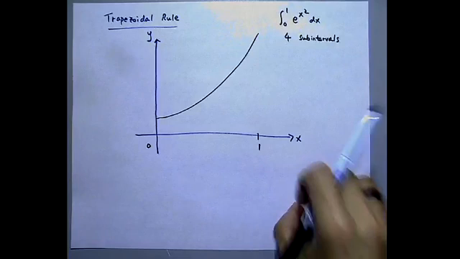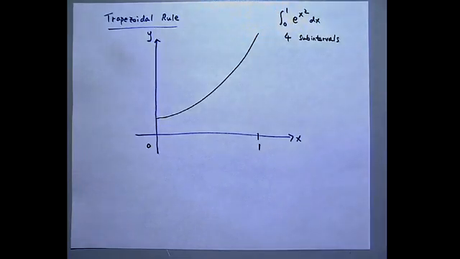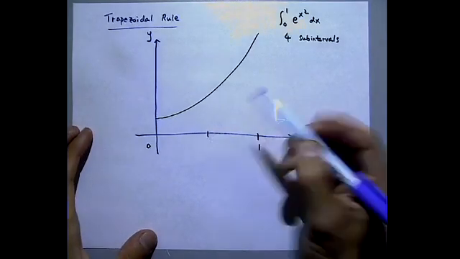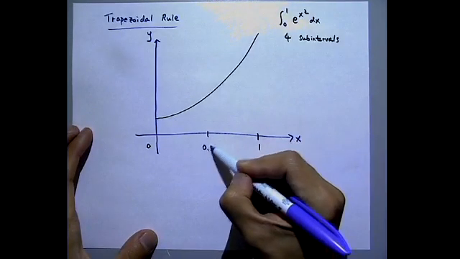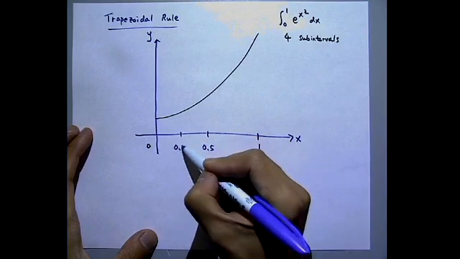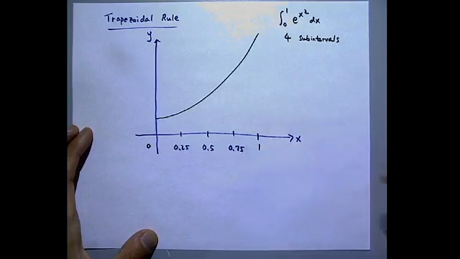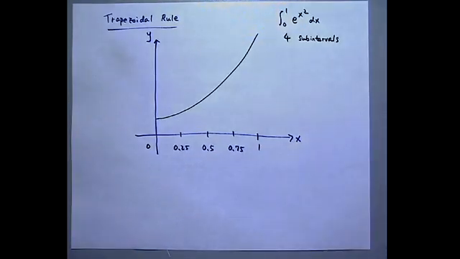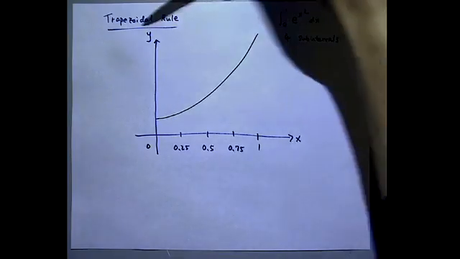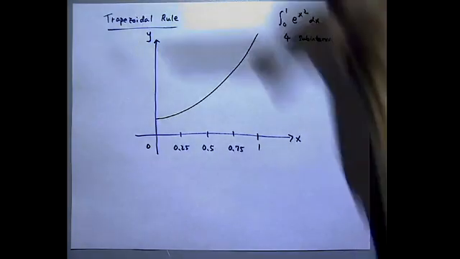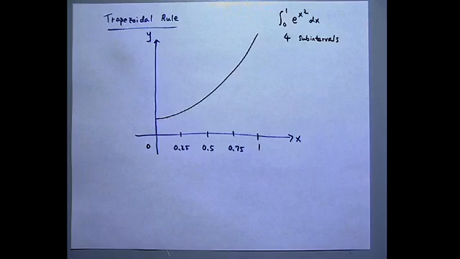And again, we'll use 4 subintervals, just like with the midpoint rule. As the name implies, we're going to use trapezoids as our approximation shape and not rectangles.